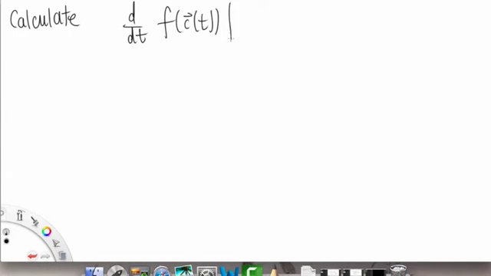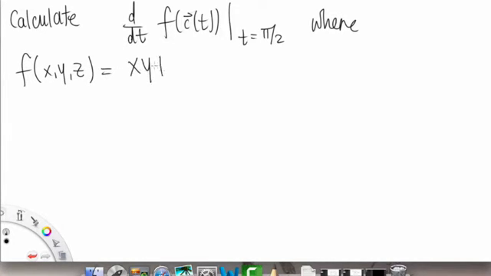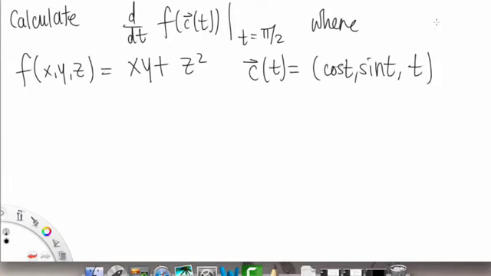So what we're going to do is calculate the derivative with respect to t of f of c of t at t equal to pi over 2, where the given outer function is f of x, y, z equals xy plus z squared, and our path c of t is equal to cosine t, sine t, and t.